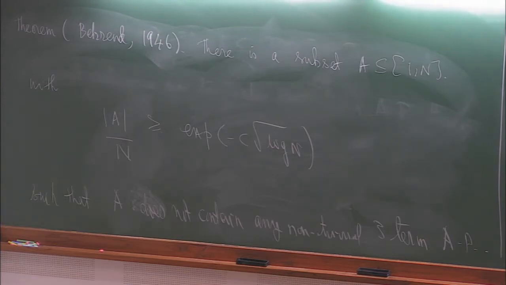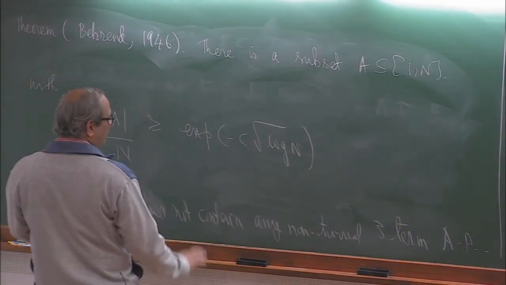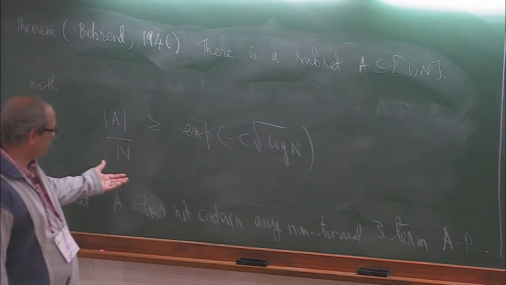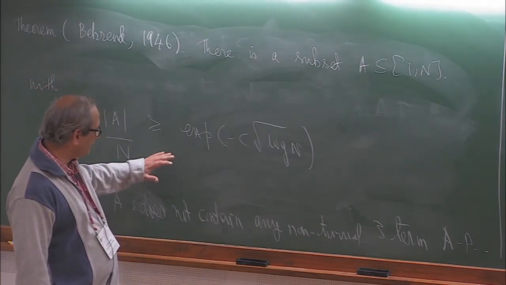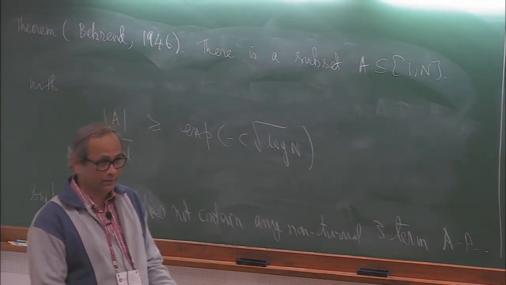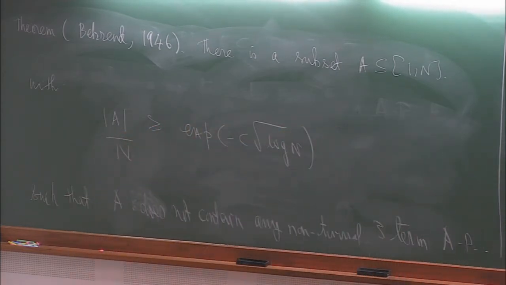Okay, so there's been only very little done above what Behrend originally did on this thing, and even that very little is non-trivial and ingenious, but I won't go into that.